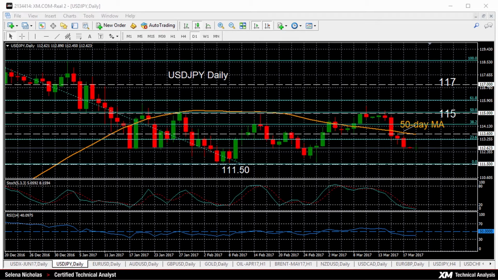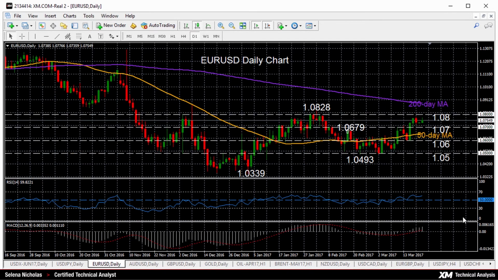Let's take a look now at the EURUSD on the daily chart as well. EURUSD's bias remains to the upside in the short term, with scope to target resistance around 1.08. That's a key resistance level, and also the high of 1.0828 that was hit in January.